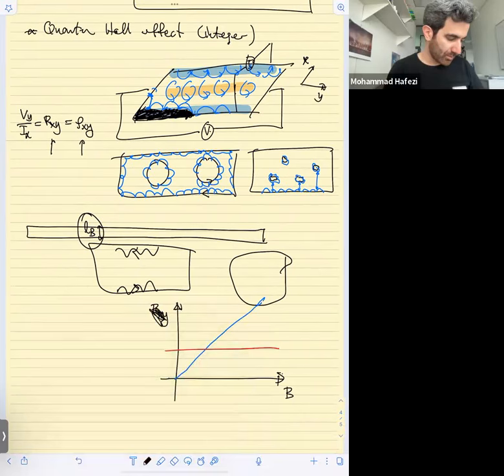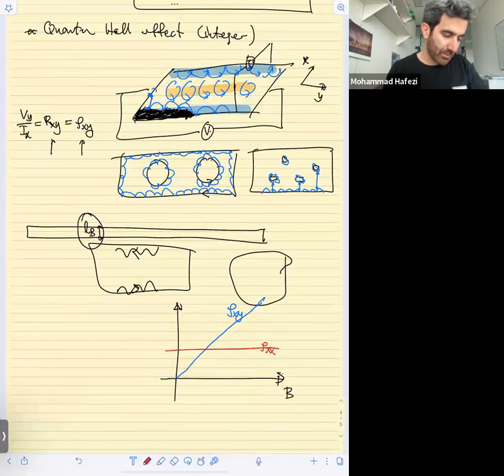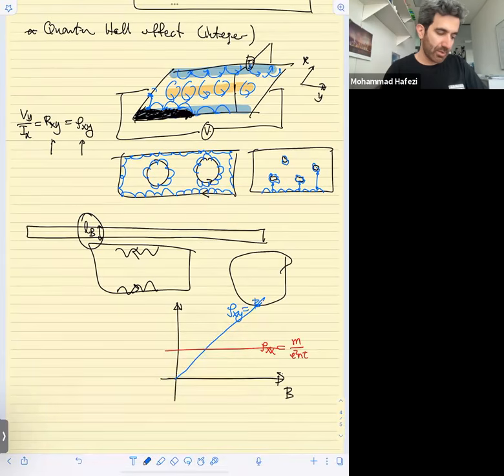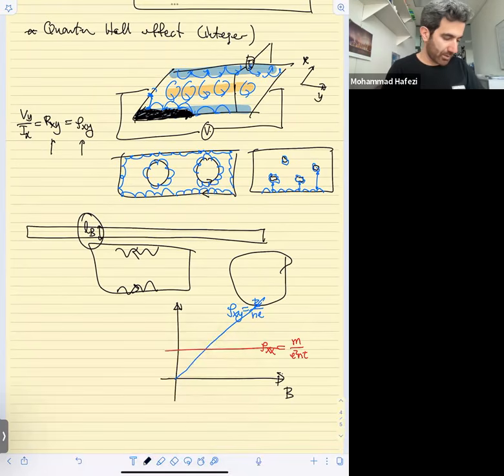From the Drude formula, you get m over ne squared tau, and for this one, again from the Drude formula, you get B divided by ne. But when it was measured, they realized that it's actually not like this. It has steps.